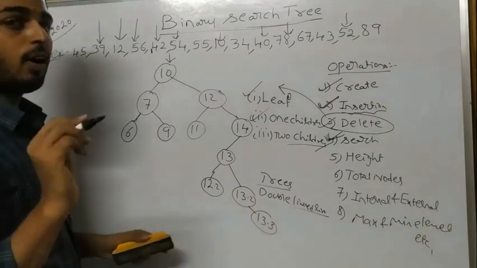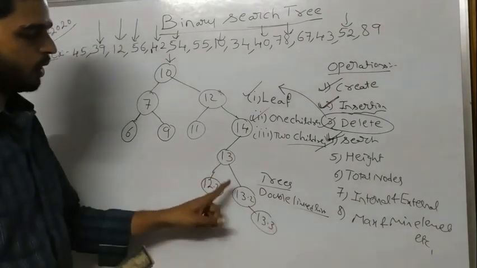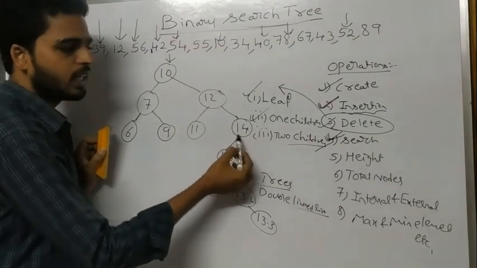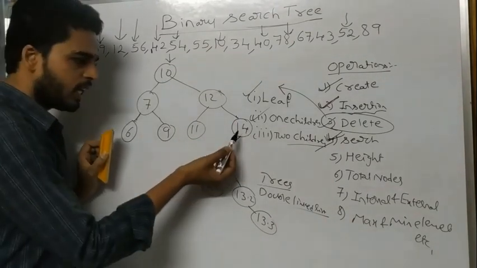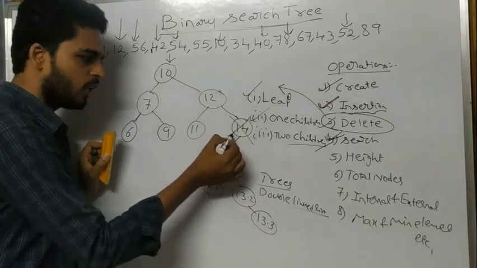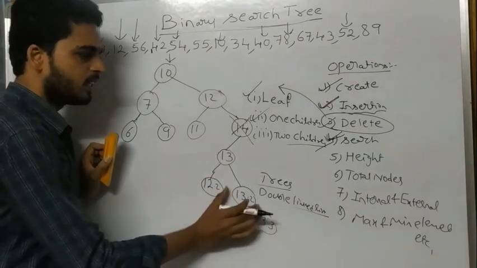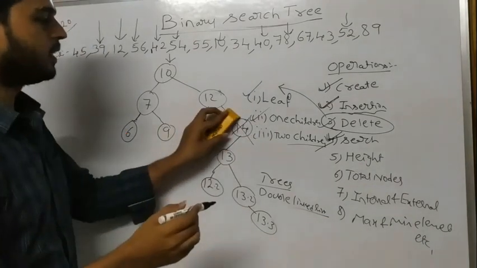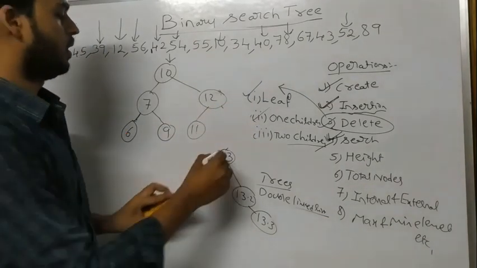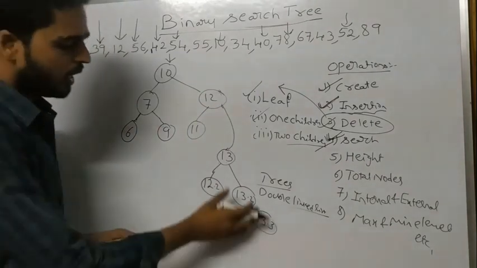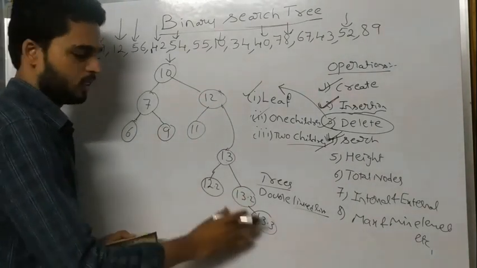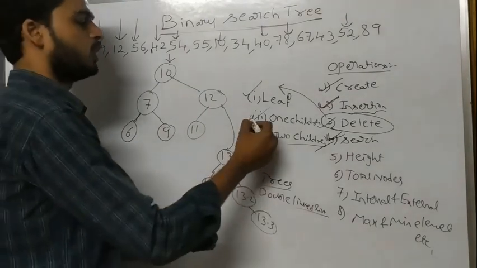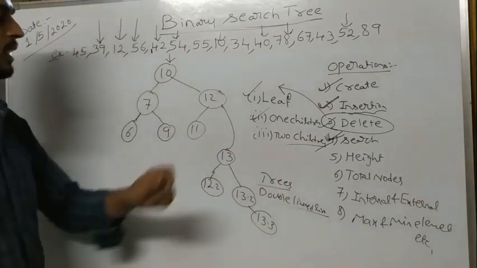I want to delete node 14. It will come to node 14, and it has a single child. When I delete this node, I need to append this single child to the right side. So I will just delete this and append to here. There is no change in this other location. We need to modify only this particular location. That's it. So this is the procedure to delete a node having a single child.